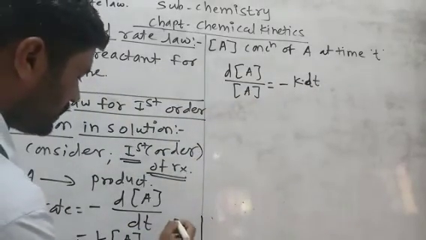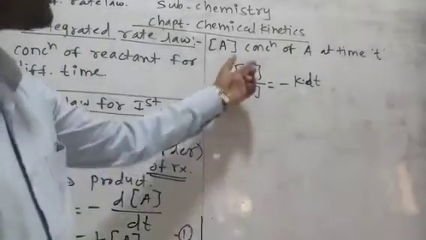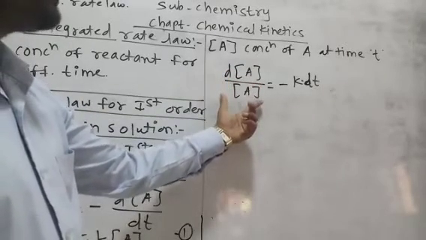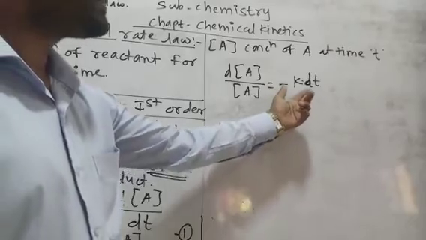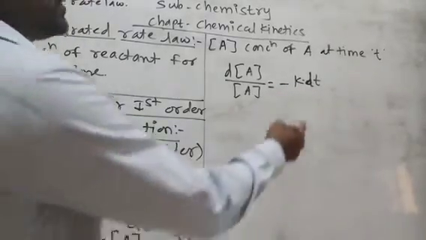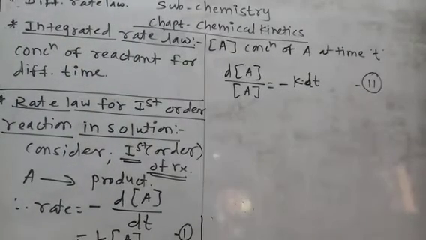Consider that equation first: rate is equal to that. By rearranging that equation, we got the new equation, d[A] divided by [A] is equal to minus k into dt. That is the equation number second, which we got by rearranging equation number first.